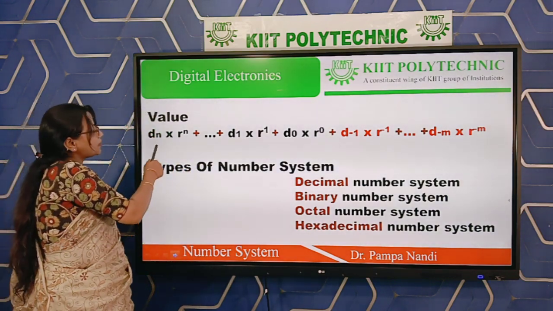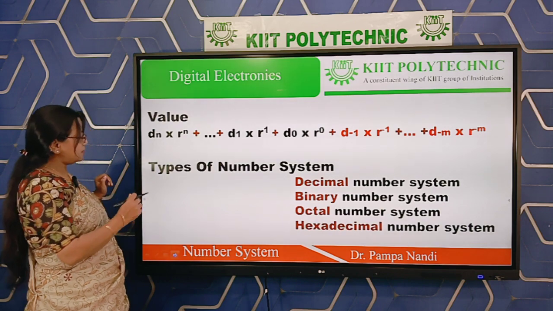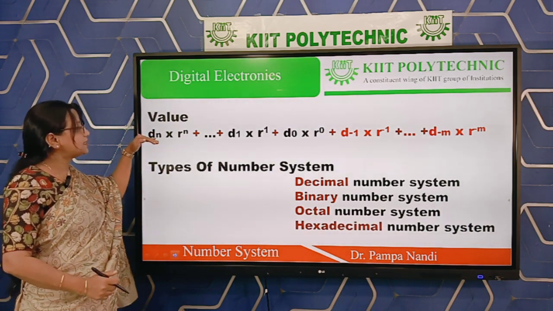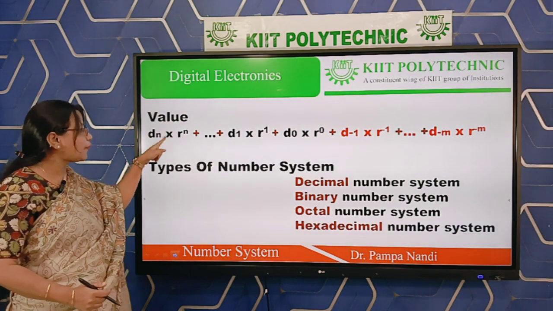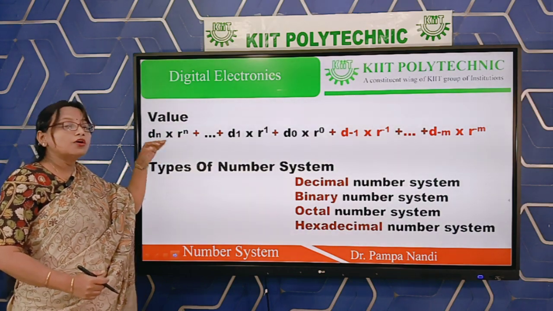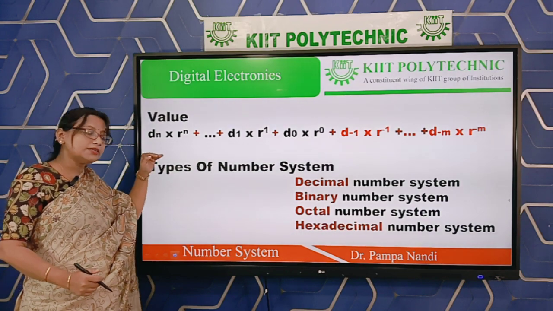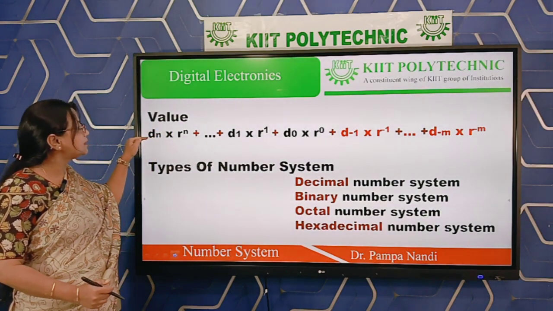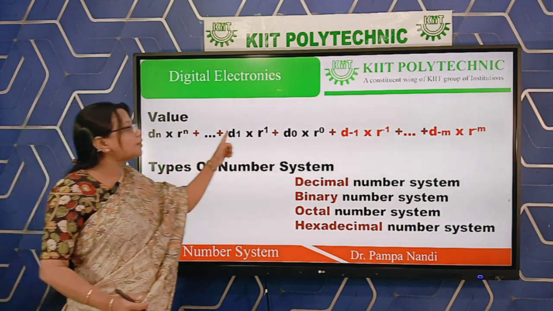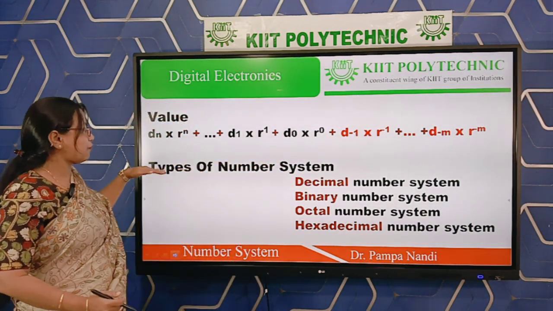What we are doing here is, you can see that each individual digit is multiplied by the weight of its place. Where the digit is sitting, in that place it is multiplied by its weight. Then according to this the number is formed.